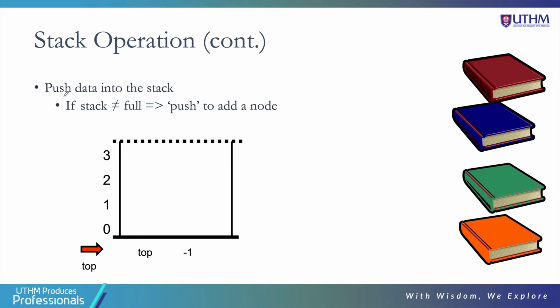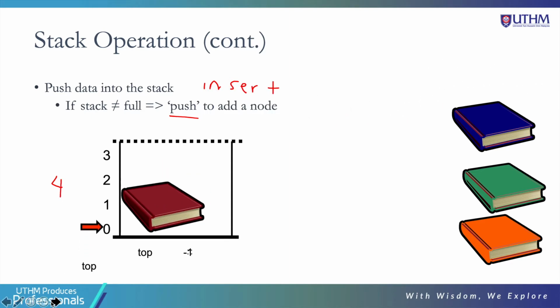So if we have done the verification, for example, we want to push. Push is insert. Let's say we want to insert these 4 books inside this stack. The size of the stack is 4.